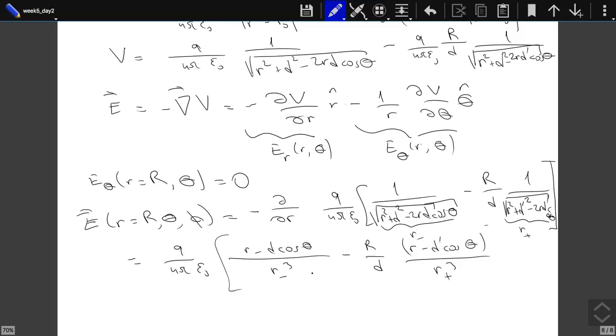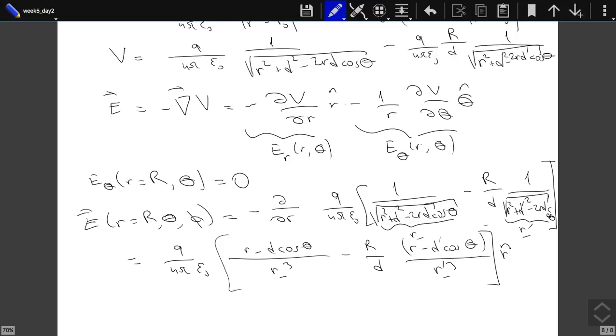Sorry, this is r minus, this one r minus prime. In the r hat direction.